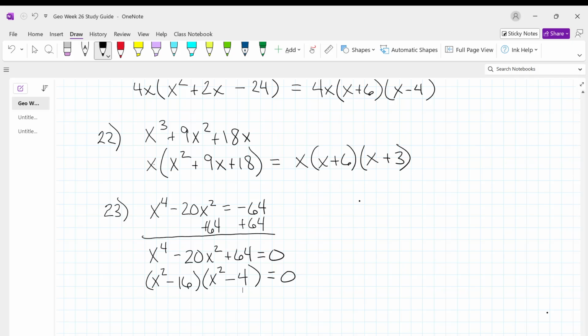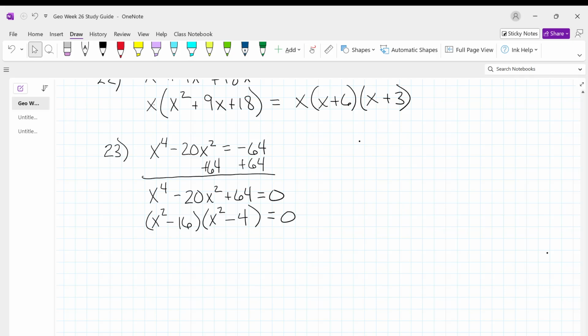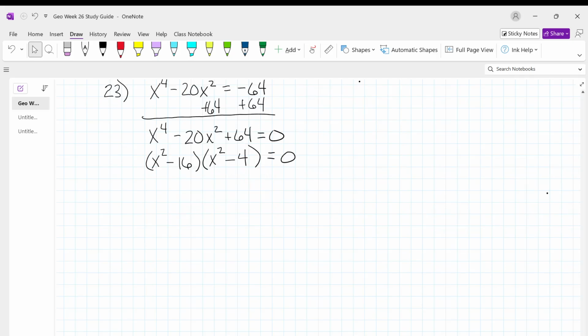Now, those can both be factored again as well. X squared minus 16 factors to x plus 4 times x minus 4, and x squared minus 4 factors to x plus 2 times x minus 2.